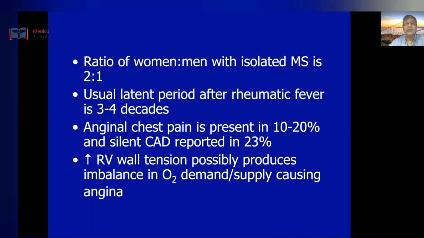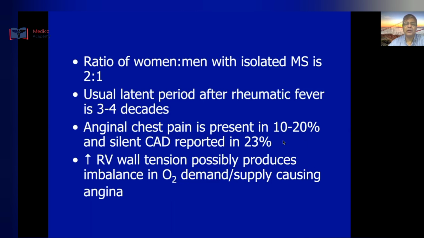Usually, there's a latent period of 3 to 4 decades after the onset of rheumatic fever and before the development of symptomatology of mitral stenosis. Anginal chest pain is said to be present in 10 to 20% of patients, while about 23% of the patients also have silent coronary artery disease.